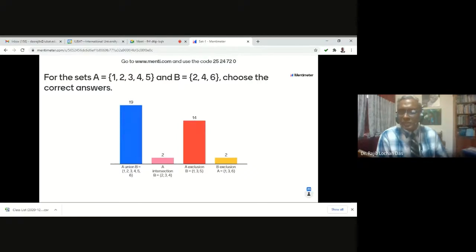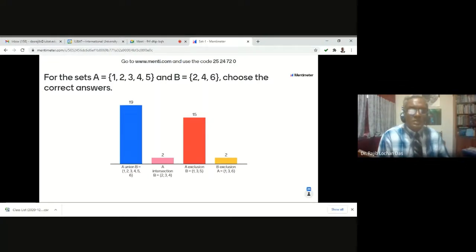Okay, so 23 students answered this question. Let me tell you the correct answer. There will be two correct answers, and you are almost right. The blue one and the red one are the correct answers. Blue one means A union B, which is 1, 2, 3, 4, 5, 6.